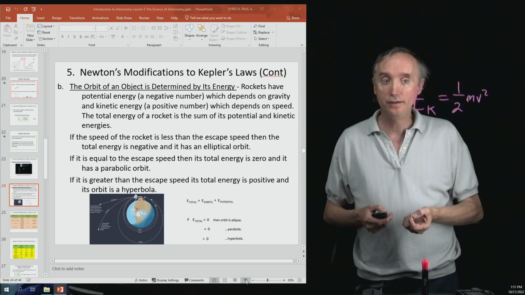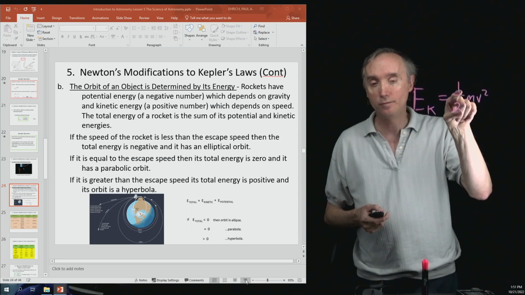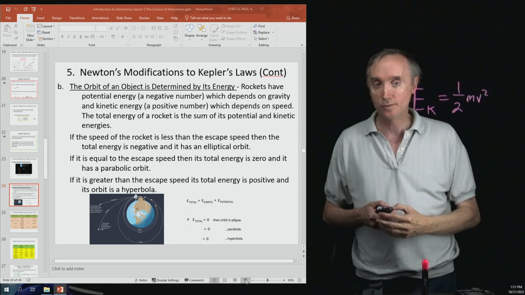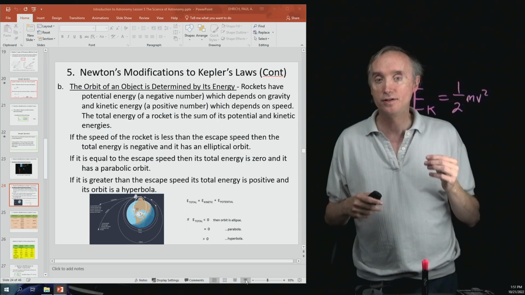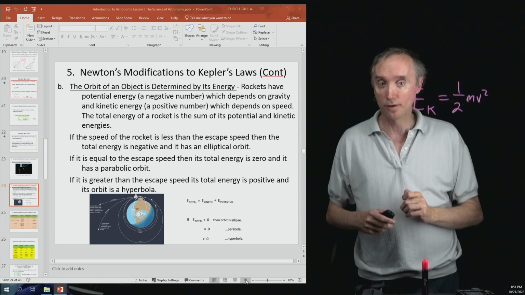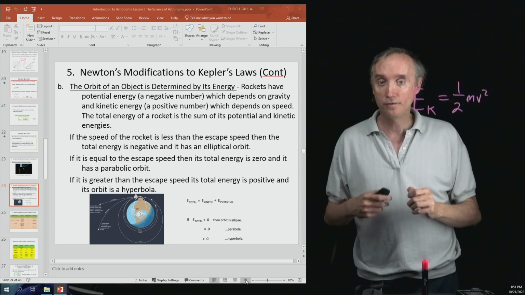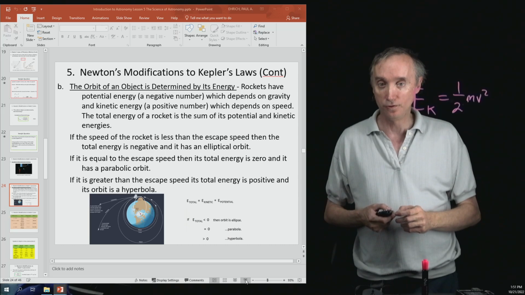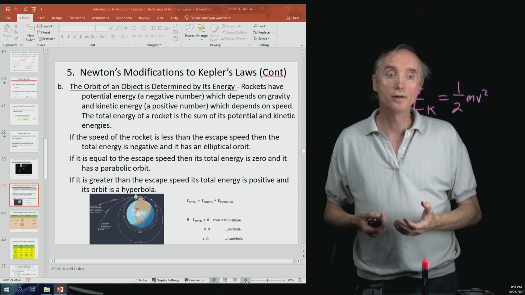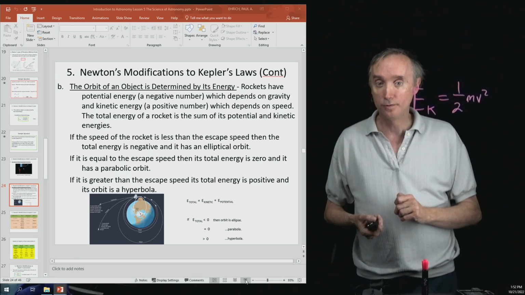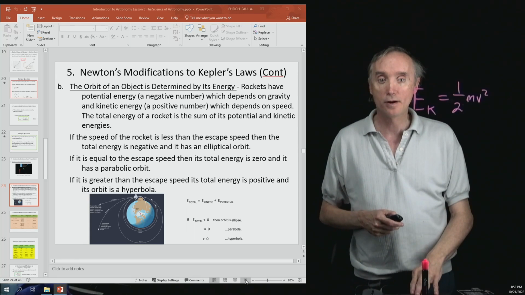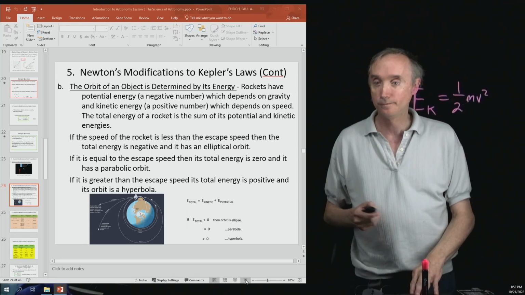And then finally, your speed could even be greater than the escape speed, and then it still escapes, but it has a different kind of orbit called a hyperbola. Those were the different kinds of orbits that Sir Isaac Newton came up with. Kepler knew all about the elliptical kind of orbit, but he didn't know about the parabolic or the hyperbolic orbits.